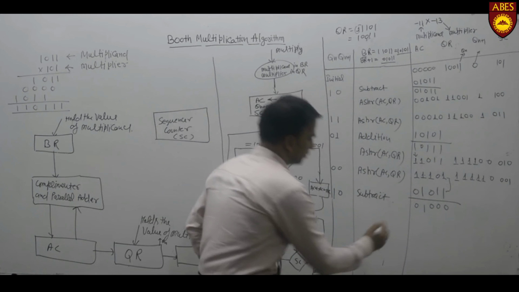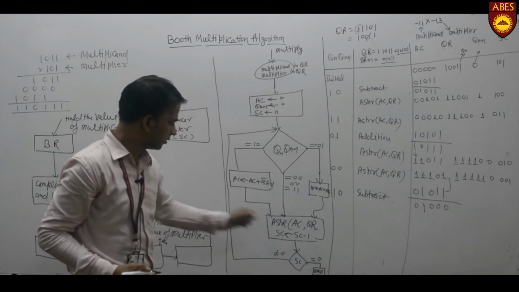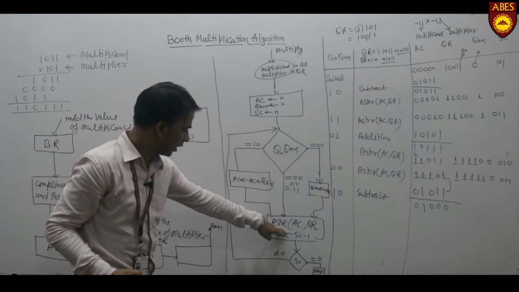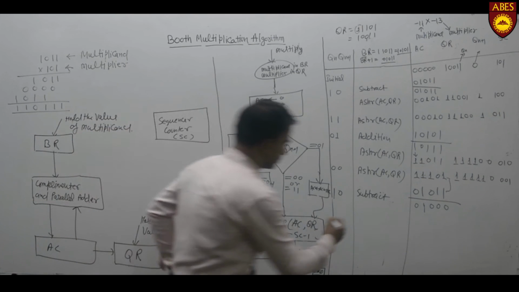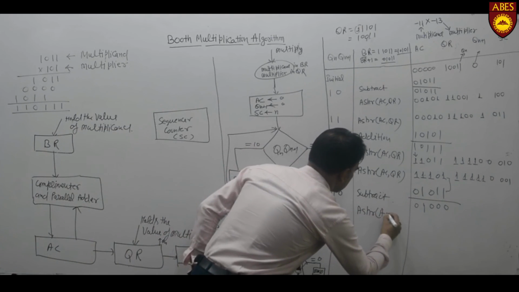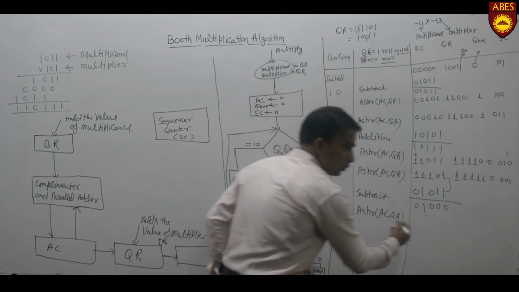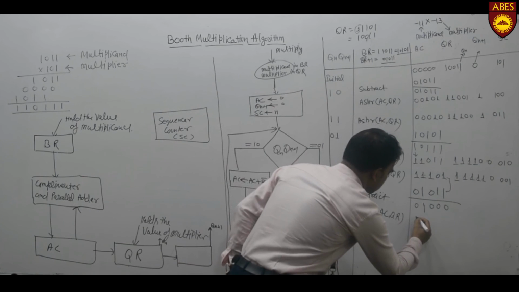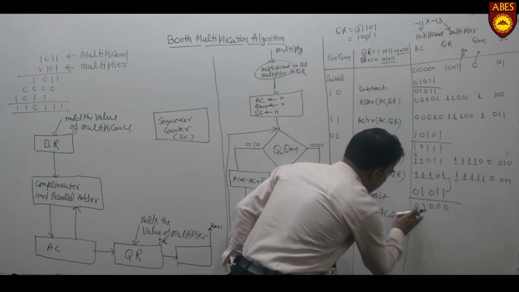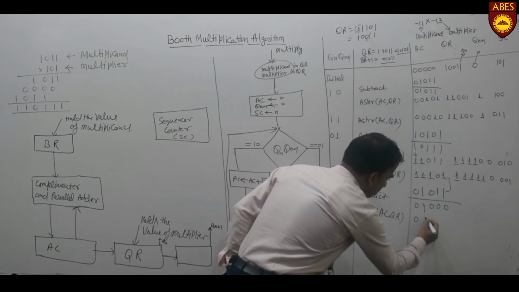Now, okay, it's clear to everyone? Now again we have to perform this arithmetic shift right operation. This value will be unchanged because it is the sign bit in the AC register, and this will be 0.